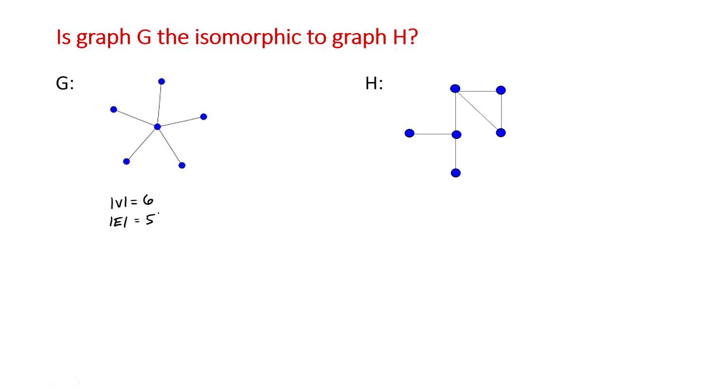Now, if we look at our second graph, graph H, we also have 6 vertices. So far looking good. We don't have labels on either of these two graphs, but we could totally put labels on and then see if we can find a one-to-one mapping or an isomorphism between these two graphs. But before we do that, let's count up the number of edges in this second graph H. And in H, when we count up the edges, we have 1, 2, 3, 4, 5, 6 edges.